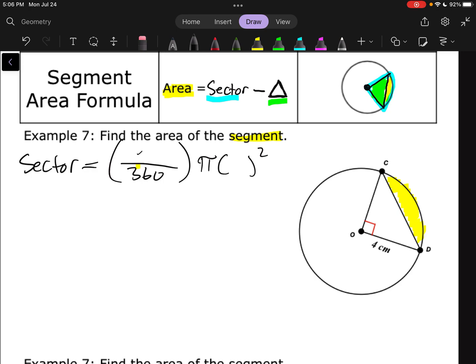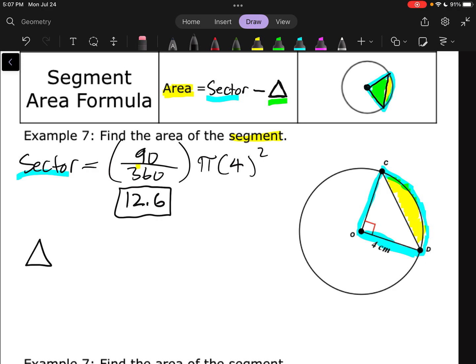So how many degrees does it take up? 90. And our radius is 4. Now, just to be clear, what we're doing here is we're finding the area of this whole thing, sector OCD. Now let me type that in, see what we get. 90 over 360 times pi times 4 squared is giving me 12.6.